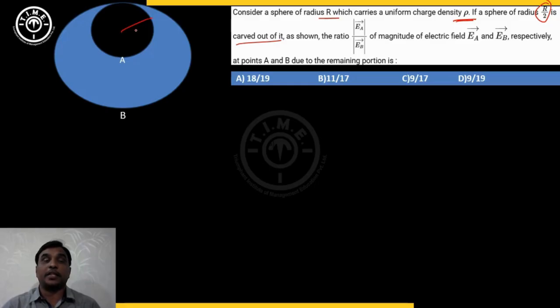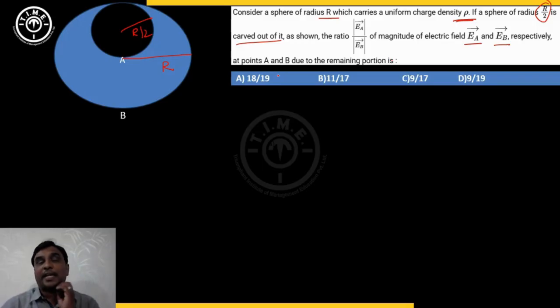Now take it out. As shown in the figure, find the ratio of the magnitudes of electric field EA bar and EB bar respectively at points A and B due to the remaining portion. Okay, now I look at this as a bigger sphere whose radius is r.